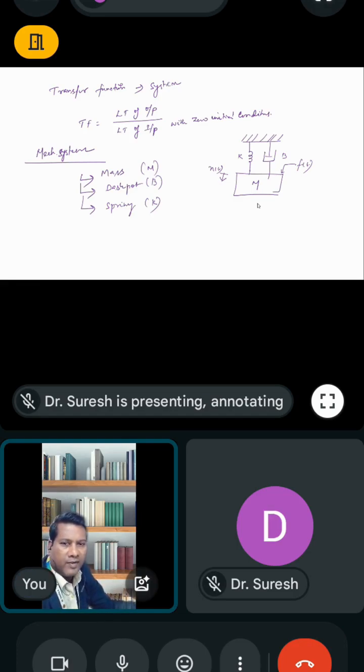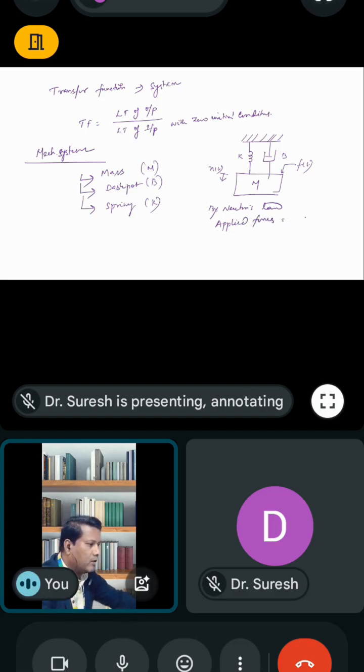Differential equation first, how to do it? How to form the differential equation? By Newton's law: applied forces equal opposing forces.